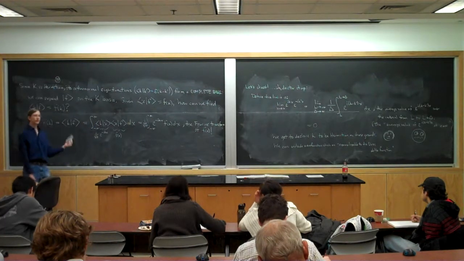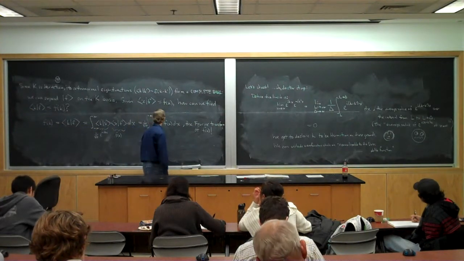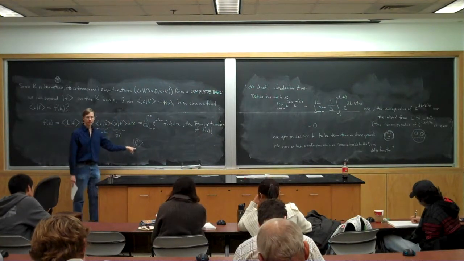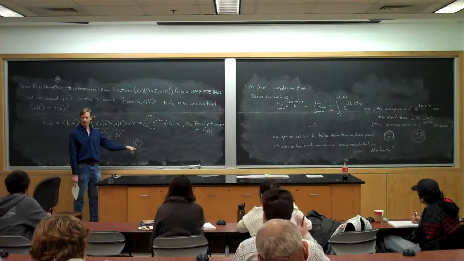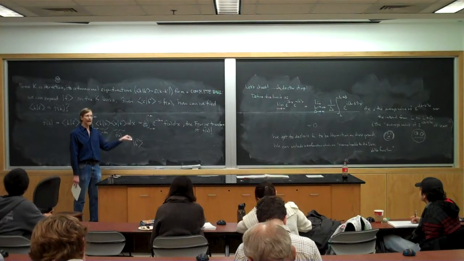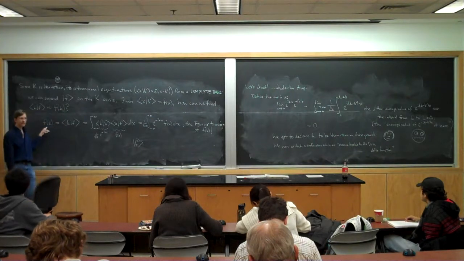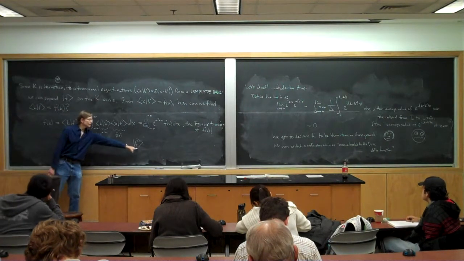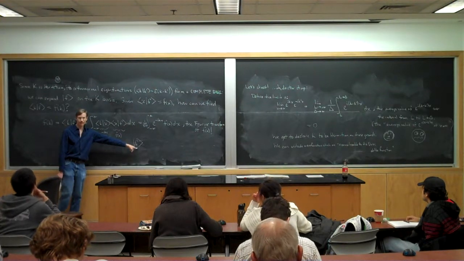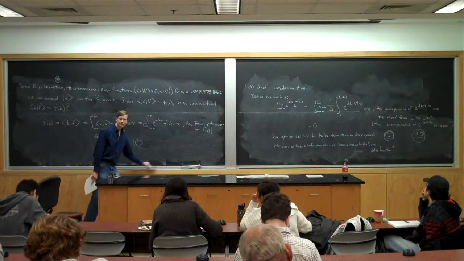So going from the function to its Fourier transform is simply expressing the same vector in two different bases. F of x is f expanded in terms of the x basis. Its Fourier transform f of k is the same thing expanded in terms of the k basis instead of in terms of the x basis.